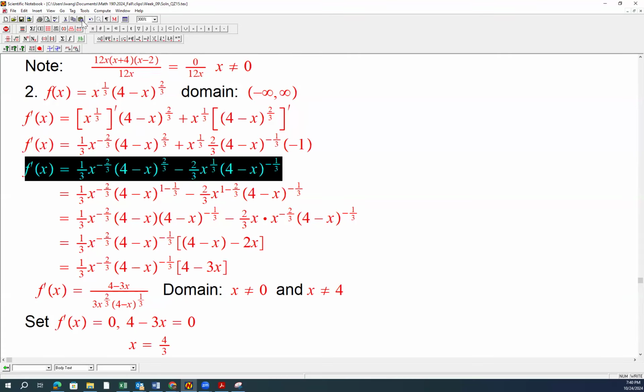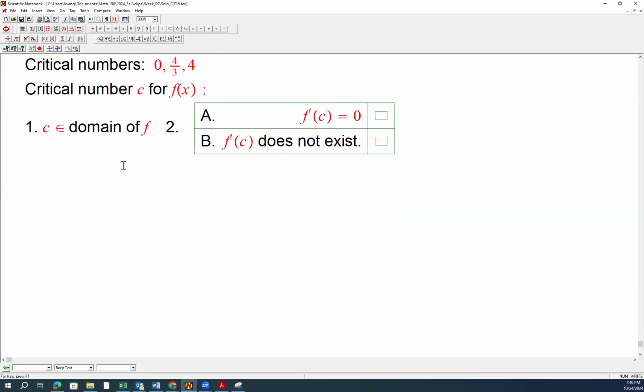So that's our derivative, because this is where we can take a different approach. So another way to simplify to find critical numbers.